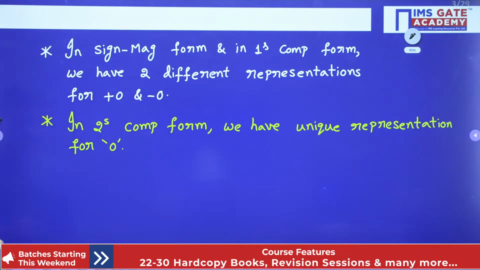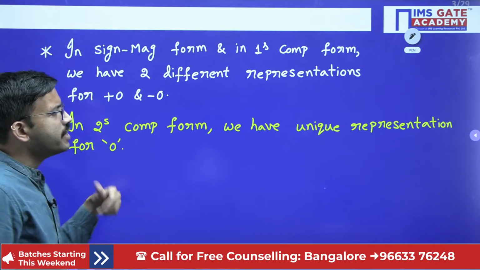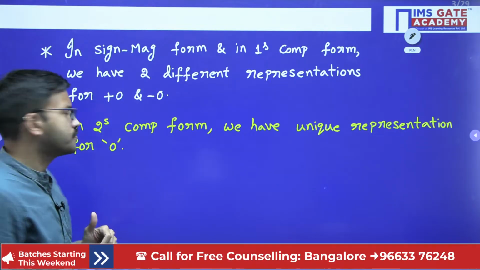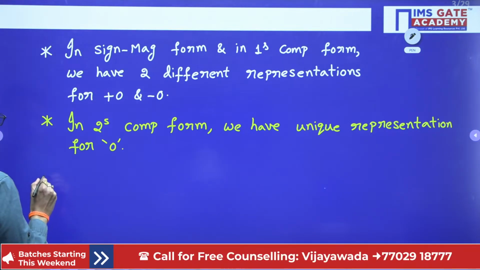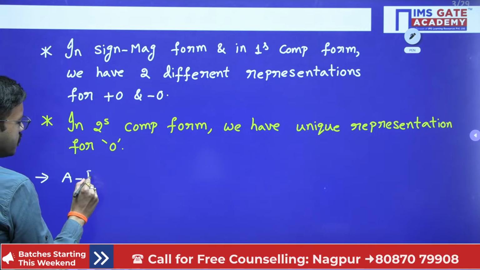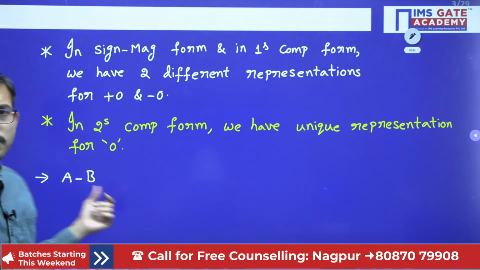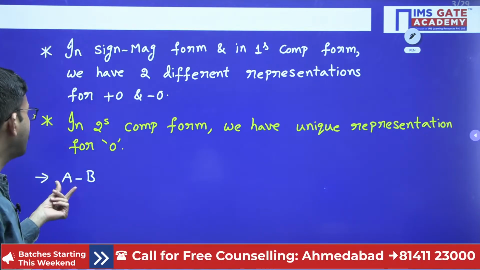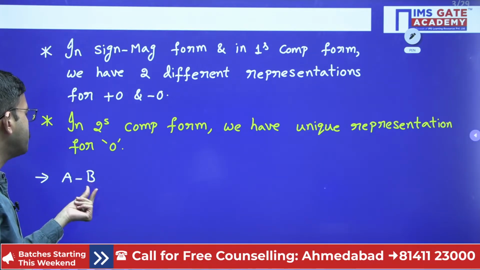Now I will discuss one more reason why we recommend 2's complement form when compared to the other two. In general, if you want to perform subtraction of two numbers, say for example a minus b, I want to subtract b from a.